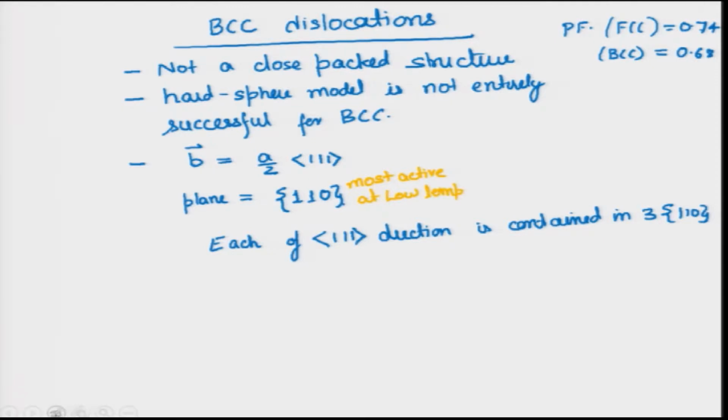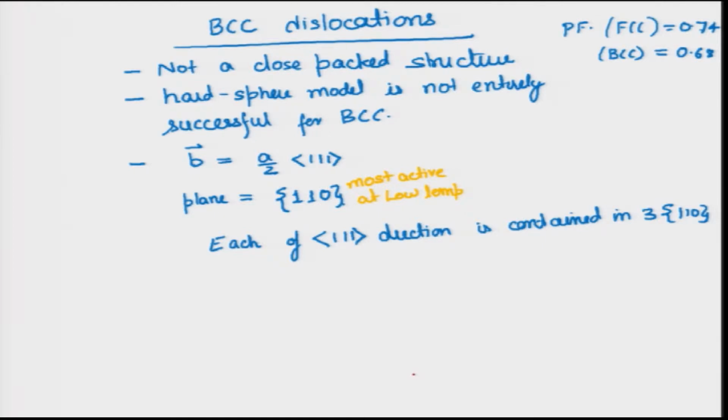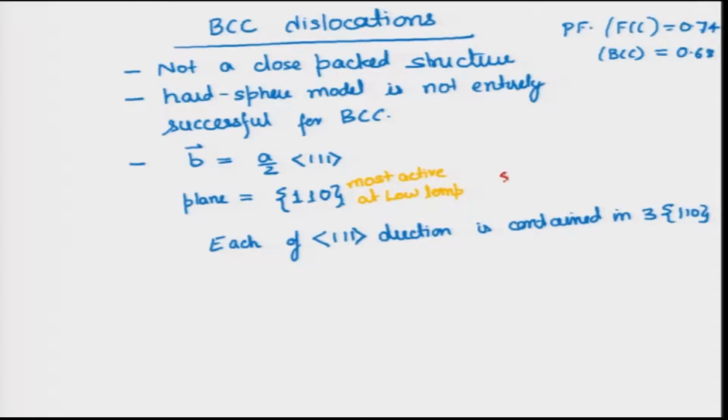And also because of the fact that we said that this particular model, the hard sphere model, is not very successful for BCC, there are also some other possible planes for BCC, and what are those planes? These are {112} and {123} type of planes. And again, like we said, each of the <111> directions is contained in 3 {110} planes.